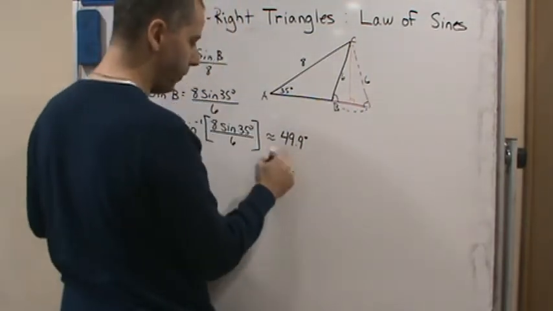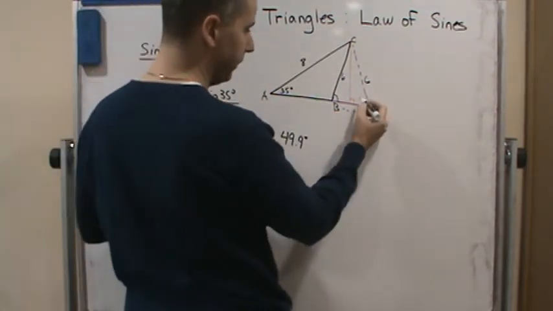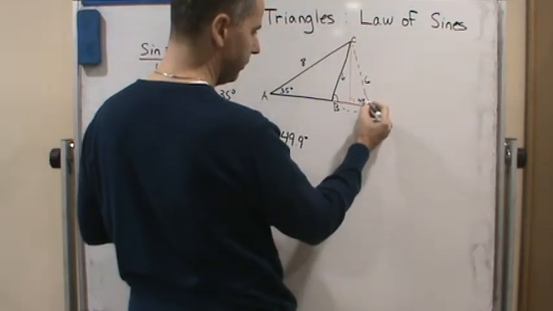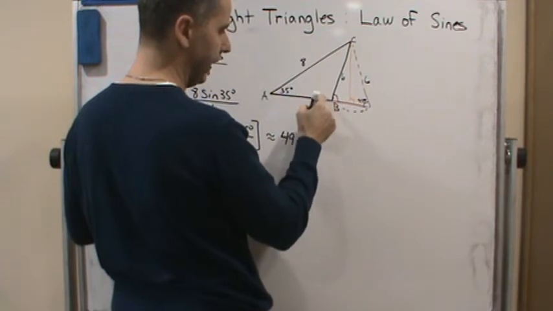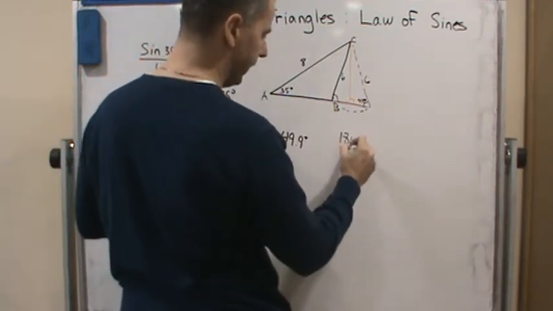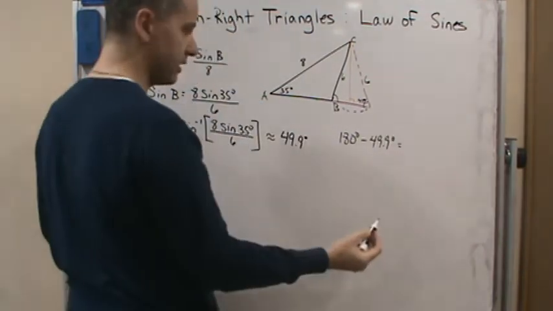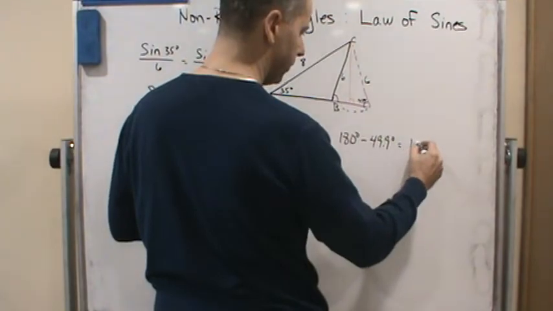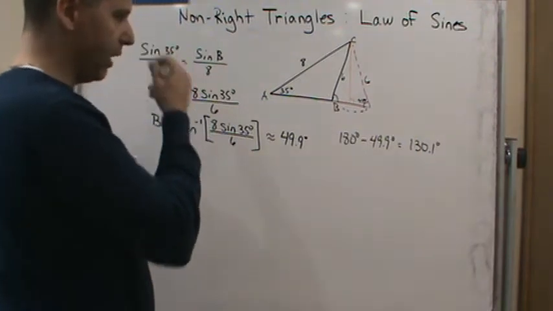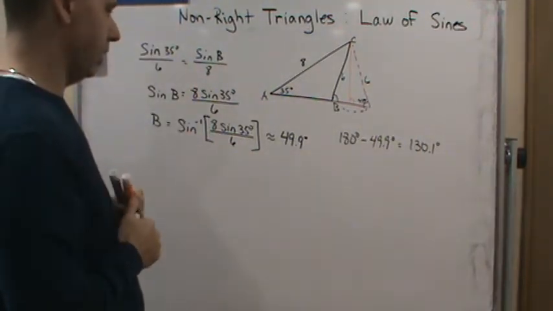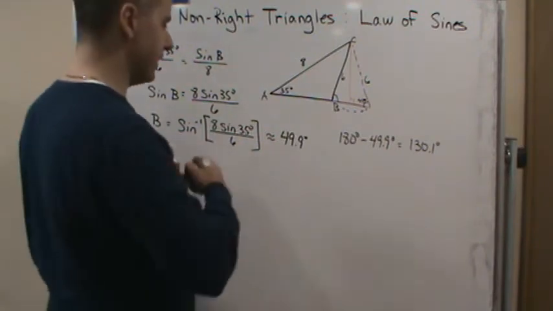And so if we know this is 49.9 degrees, which would be this angle, then we know this angle has to be the supplementary angle. So 180 degrees minus 49.9 degrees gives us the other angle, which is going to be 130.1 degrees.